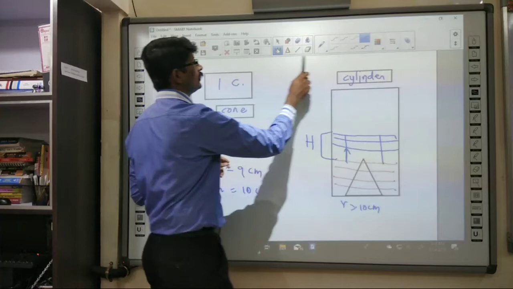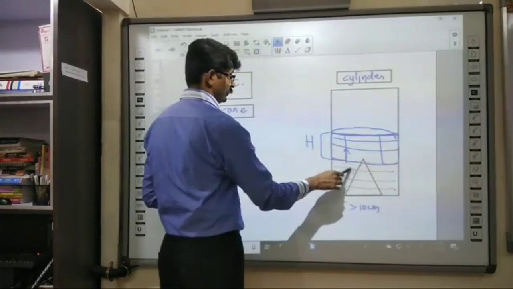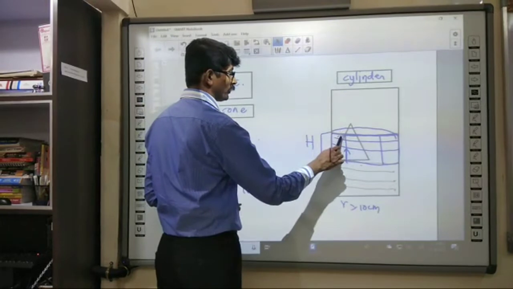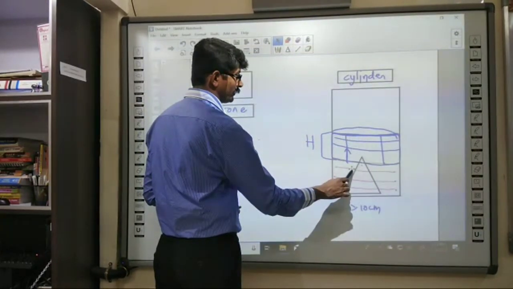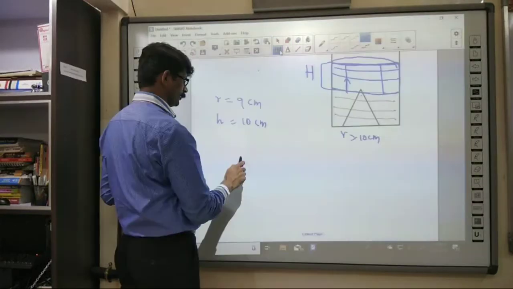So the volume of this cone is equivalent to the volume of this blue cylinder, isn't it? Why has this blue thing formed? It's due to the volume of the cone, isn't it? So what will we write down? Volume of cone, that basic equation which I was talking about in the previous sums onwards.